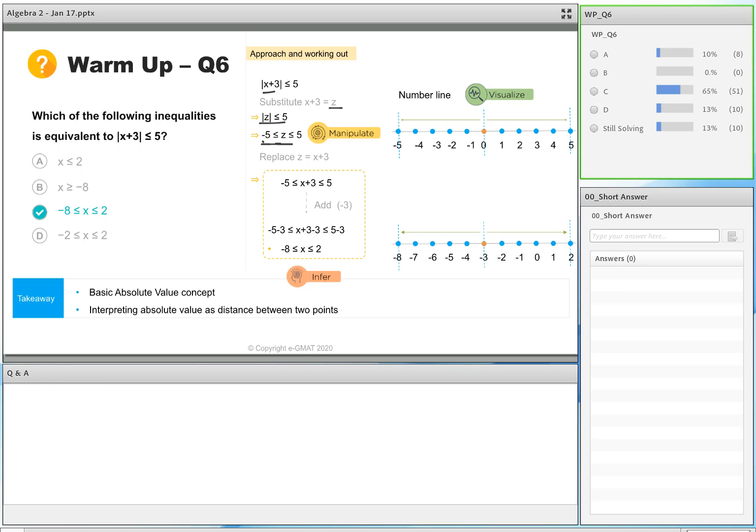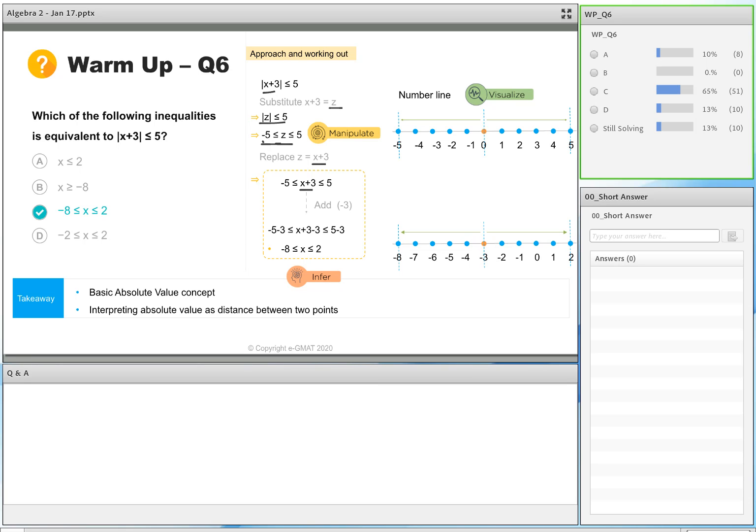Now the final answer is not in terms of z, it's in terms of x. So finally, you need to replace z with x plus 3. Once you do that, we have -5 less than or equal to x plus 3 less than or equal to 5. We subtract 3 from all three parts of this inequality, and only then will we have just x in between.